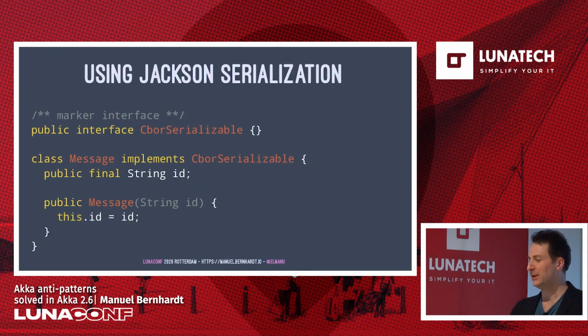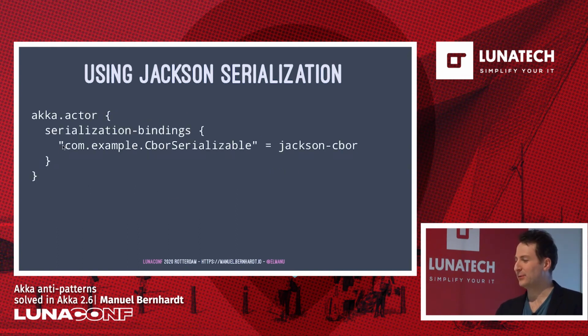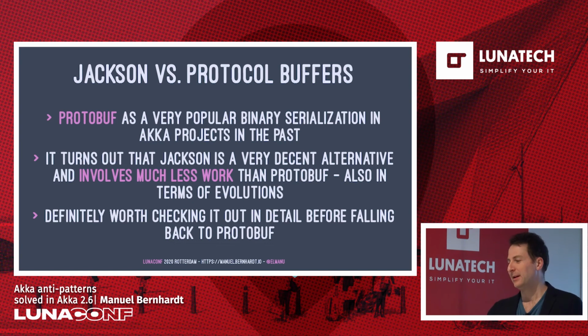So in order to use this, you need to define a marker interface. Then when you define your messages, just use that marker interface, and then in the configuration, just tell Akka that these messages of this type should be using Jackson CBOR. And that's it. Then you've got a pretty decent serialization out of the box for free.